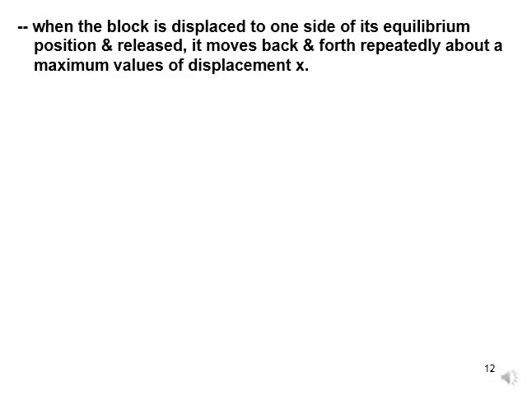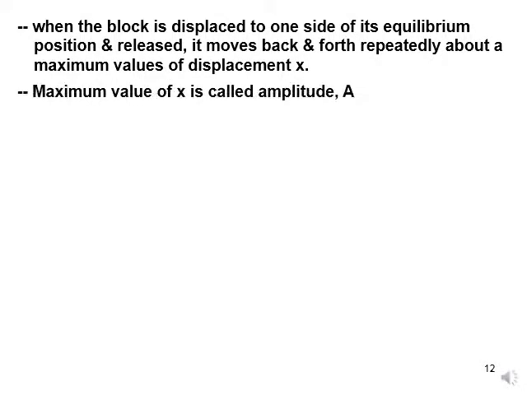When the block is displaced to one side of its equilibrium position and released, it moves back and forth repeatedly about a maximum value of displacement x. The maximum value of x is called amplitude A, and the value of A can be positive or negative.